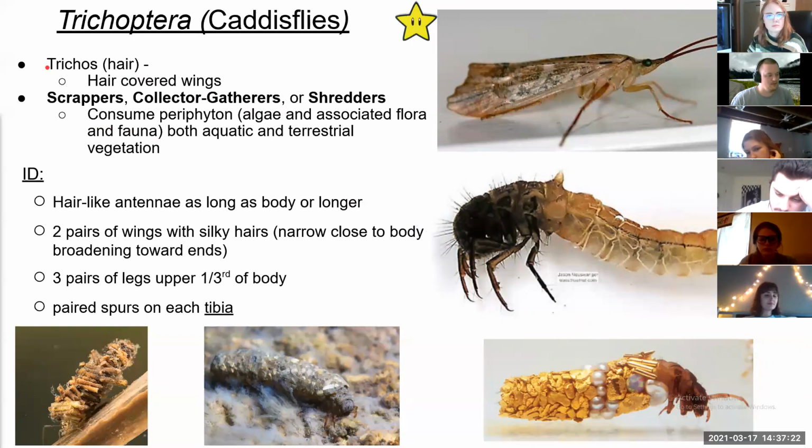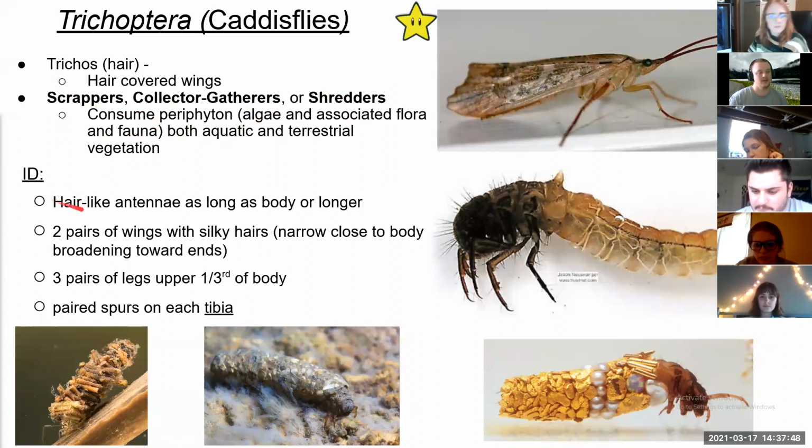Depending on species, they can occupy almost any of the feeding guilds, but primarily they're scrapers, collector-gatherers, or shredders. They'll consume periphyton, which is algae associated with flora and fauna, both aquatic and terrestrial vegetation.